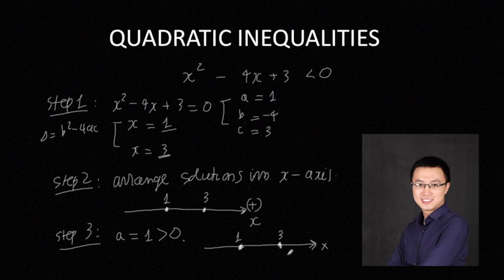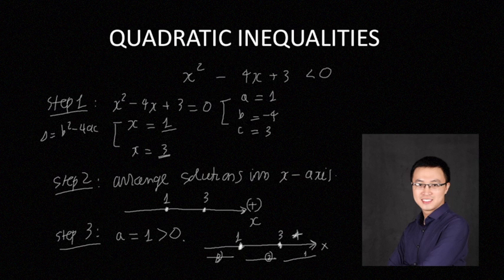The 2 points divide the x-axis into three parts: part 1, part 2, and part 3. Since a is positive, part 1 will have the same sign as a, so it is positive because 1 is positive.